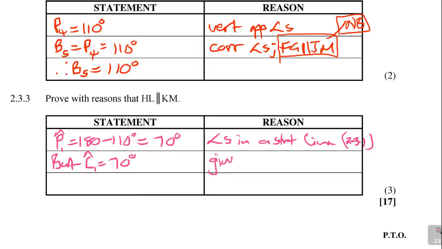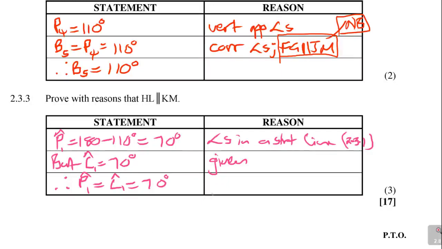It's given. You see, therefore P1 is equal to L1, which is equal to 70 degrees. And then you can say therefore HL, or before you say therefore, you write what?